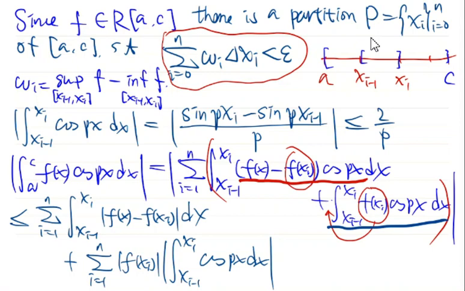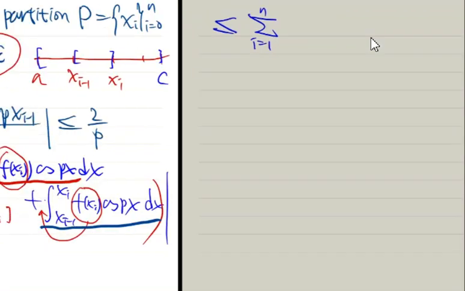Now this will not be greater than this part. In this part x is in [x_{i-1}, x_i]. Therefore, the absolute value of this will not be greater than the oscillation of f on the i-th subinterval, that is omega_i. Okay, so I have to go to the next page. So the first term will not be greater than this integral.